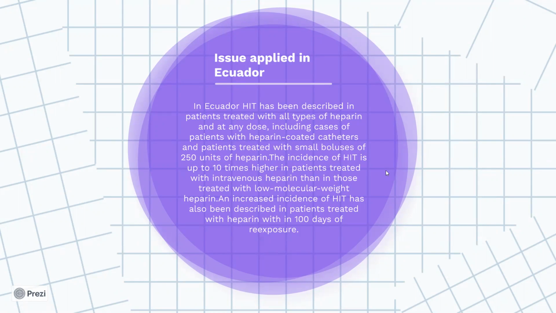The incidence of heparin-induced thrombocytopenia is up to 10 times higher in patients treated with intravenous heparin than in those treated with low molecular weight heparin. An increasing incidence of heparin-induced thrombocytopenia has also been described in patients treated with heparin within 100 days of re-procedures.